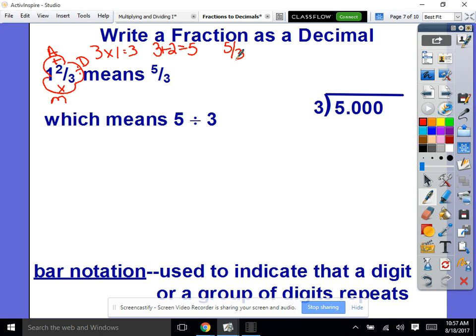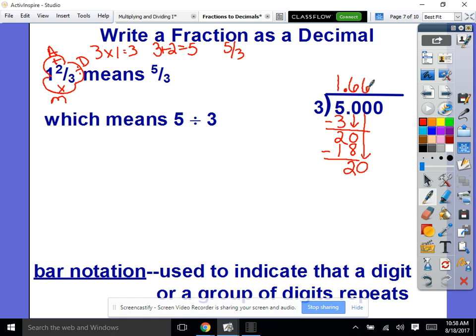The bottom number, the denominator, goes on the outside, and the number being divided, the numerator, goes on the inside. So 3 goes into, well, let's put our decimal first. 3 goes into 5 one time. 1 times 3 is 3. When we subtract that, we get 2. Bring down the next digit. 3 goes into 20 6 times. 6 times 3 is 18. If we subtract 18 from 20, we get 2. Bring down the next digit. 3 goes into 20. Well, we already know that.